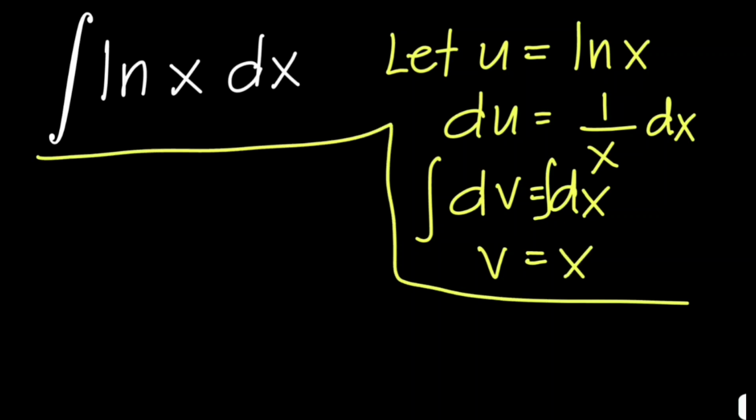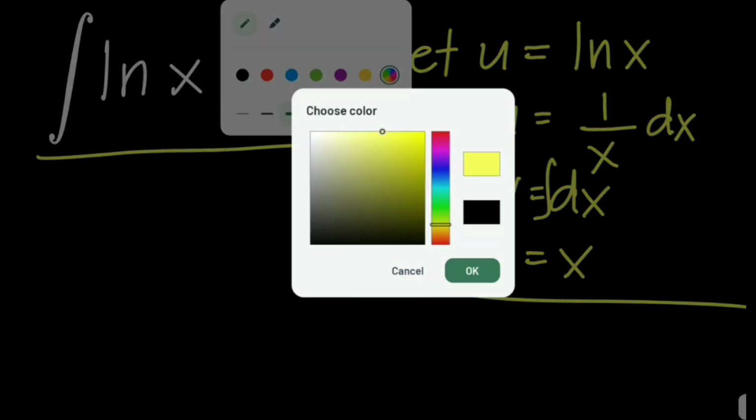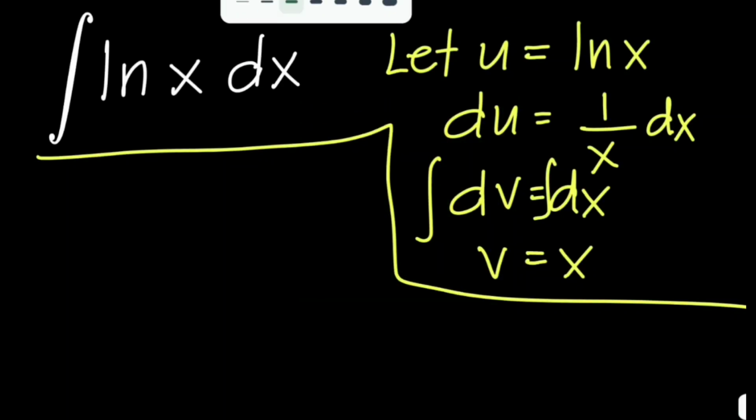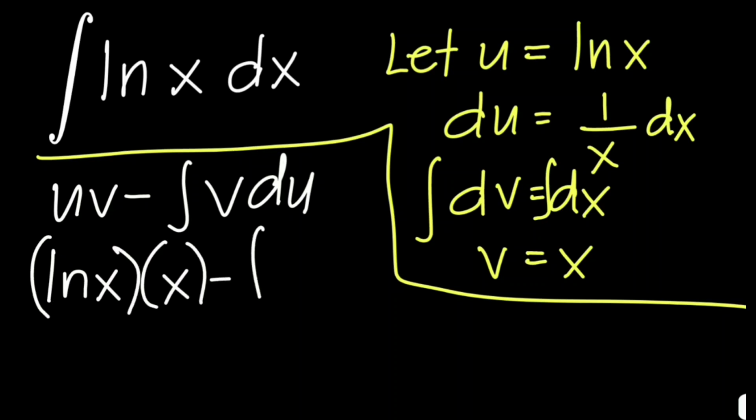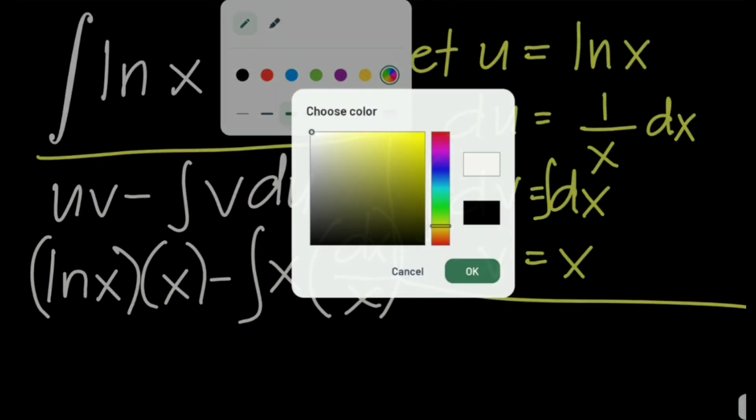Then we plug in everything into the integration by parts formula. So that would be uv minus integral of v du. U is ln of x times v, which is x, minus the integral of v, which is x, and du is 1 over x dx. So that is dx over x.